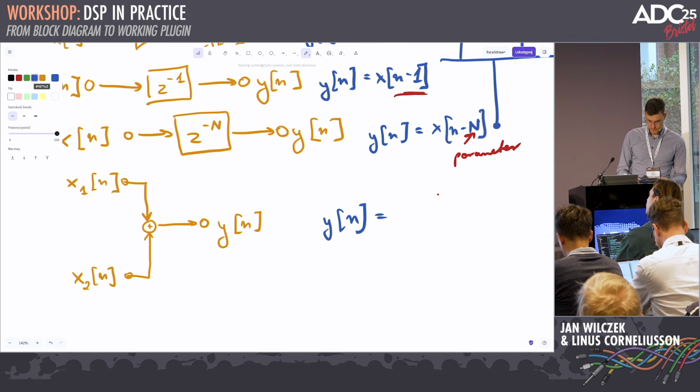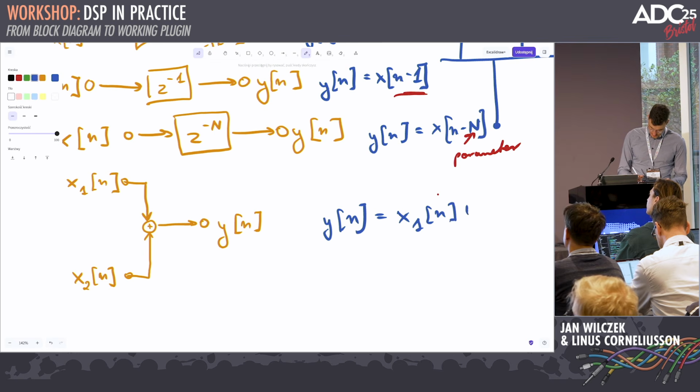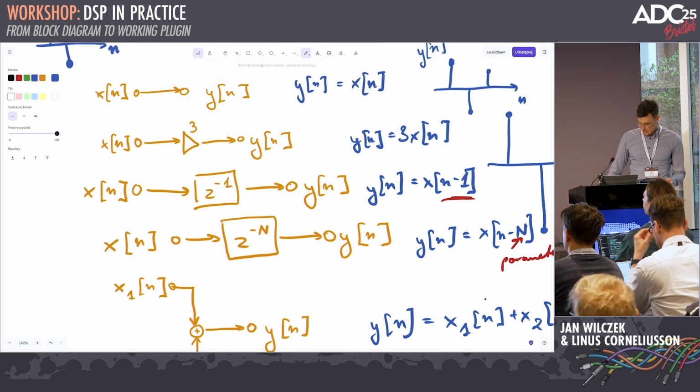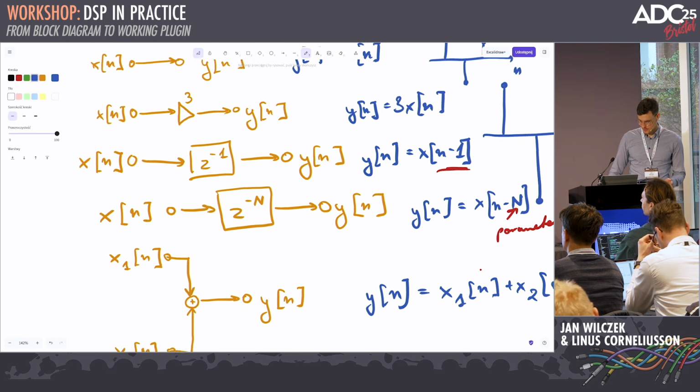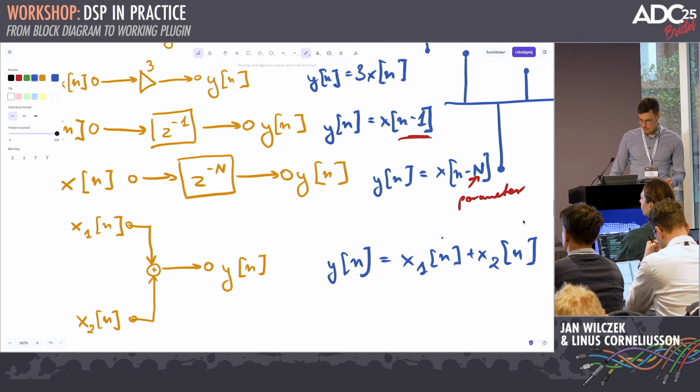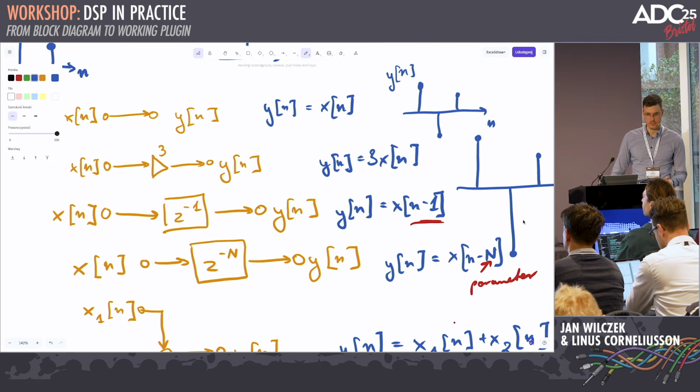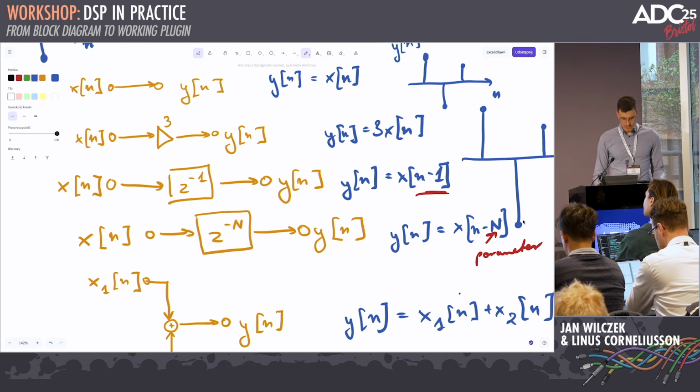We take two signals, we sum them together, and we get an output. x1 of n plus x2 of n. Perfect. Okay? And now we can mix and match all these to get basically an arbitrary DSP system. Whenever there's something more complicated, it's typically described in text already. But this can get you pretty far.